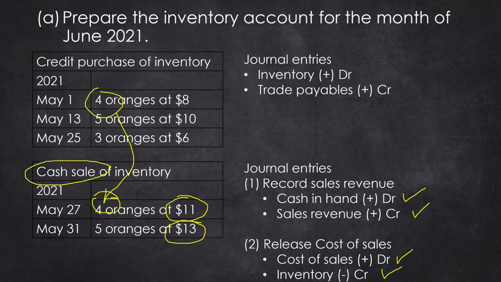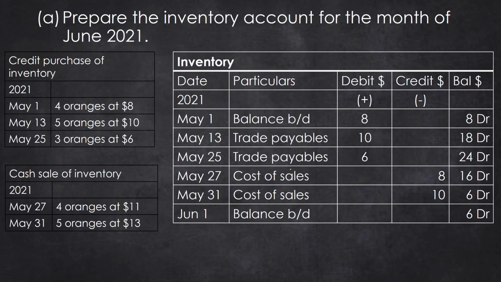So how should I use this to continue preparing my inventory account? So this is what happens. On the 27th of May, when I sold 4 oranges, this corresponds to the inventory that I bought on the 1st of May.